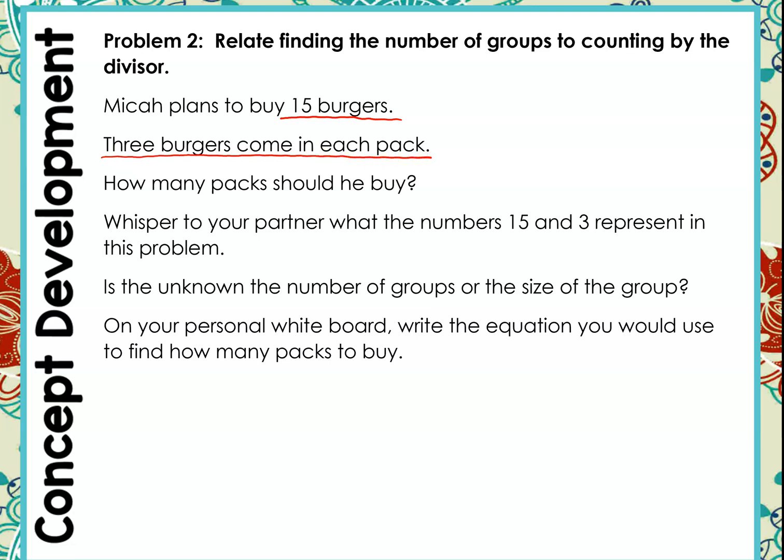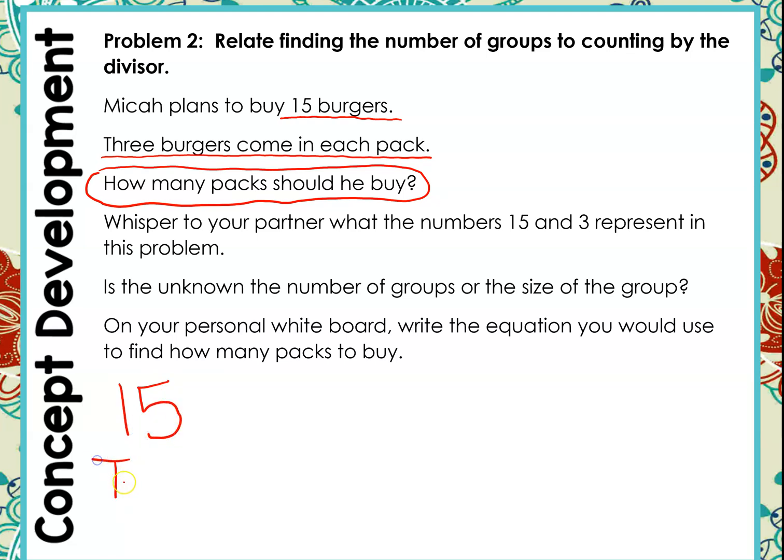What are we trying to solve? We're trying to solve for how many packs he should buy. So let's think about what these stand for. The 15 burgers. What does the number 15 represent? So 15 represents our total.